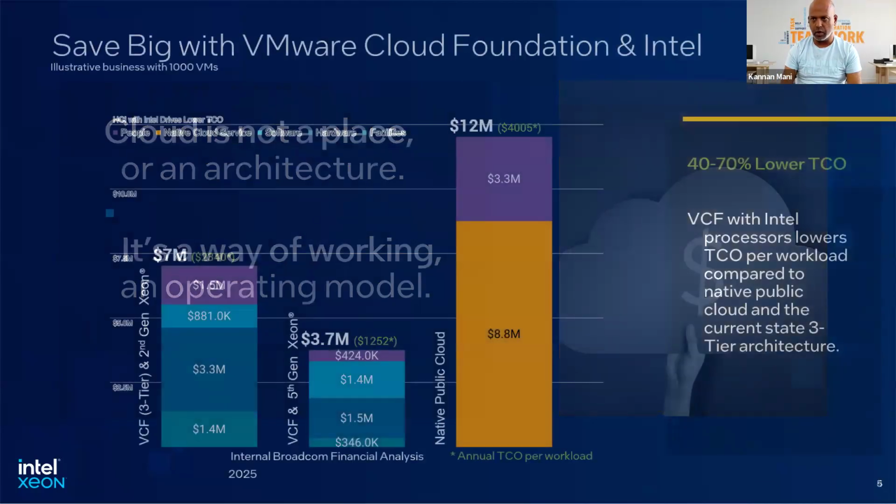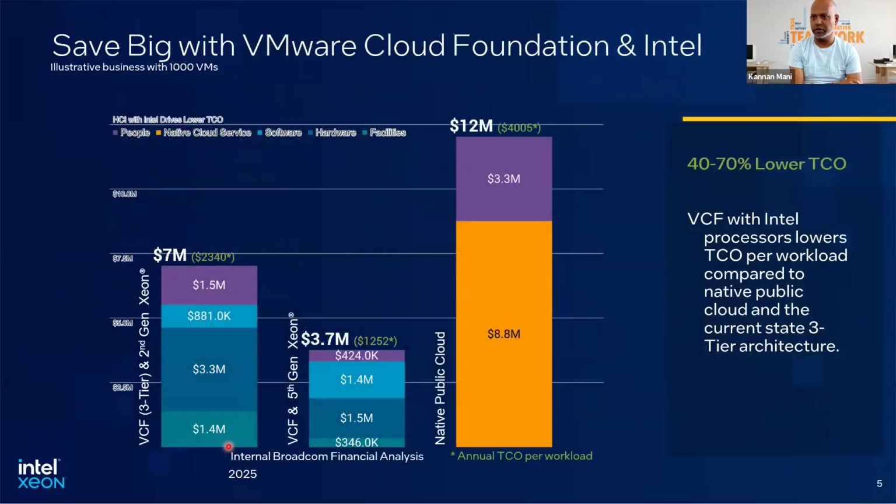I want to start off with the savings you normally get comparing VCF with 3-tier on older generation hardware. Let's take a moment to understand our current landscape and where our customers are. Most of our customers are still on Gen 1 and Gen 2.